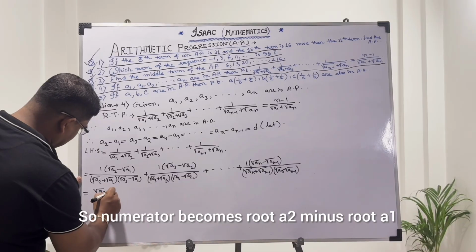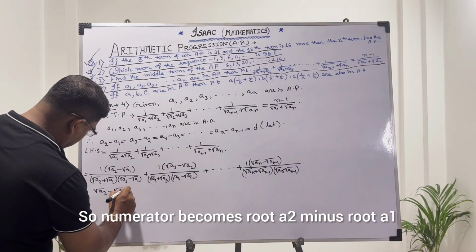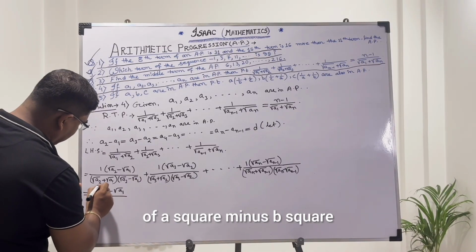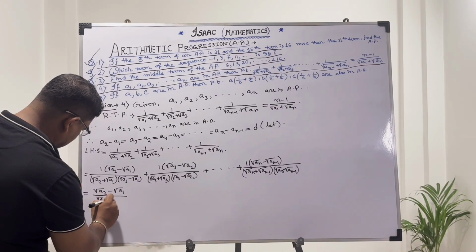So numerator becomes root A2 minus root A1, and this becomes the formula of a square minus b square.